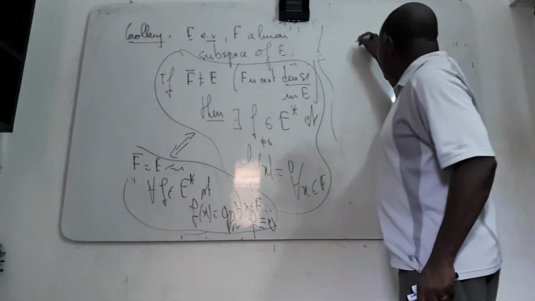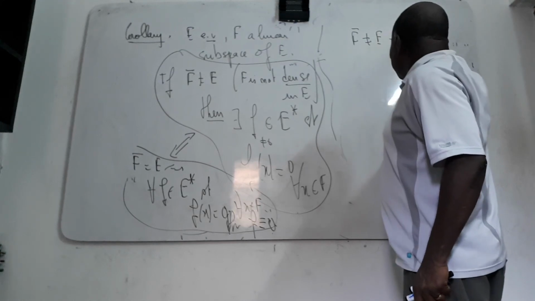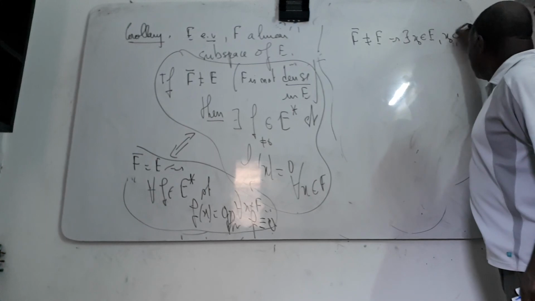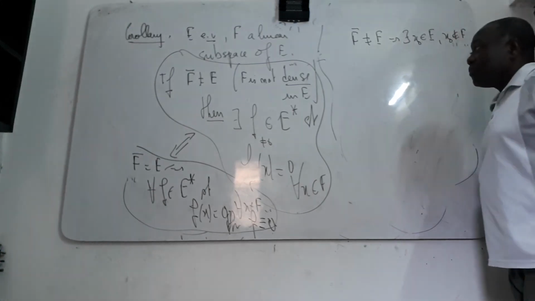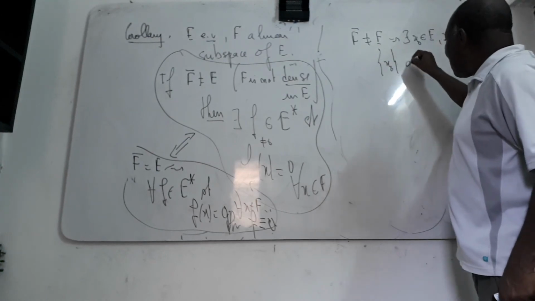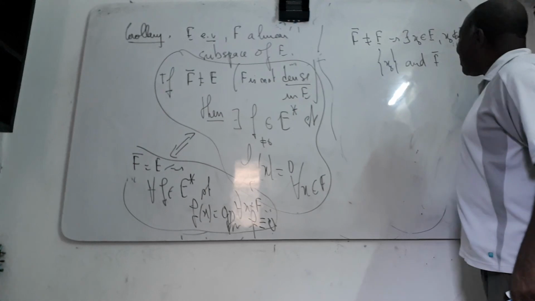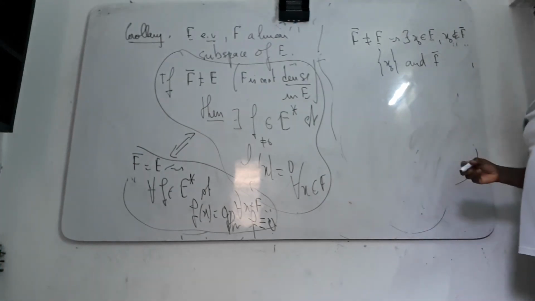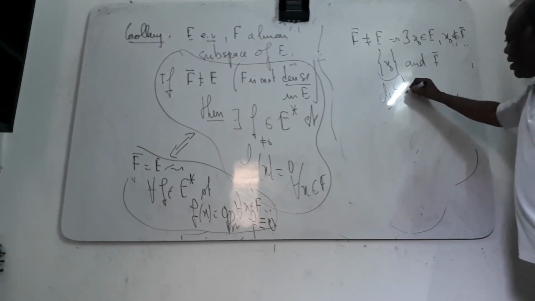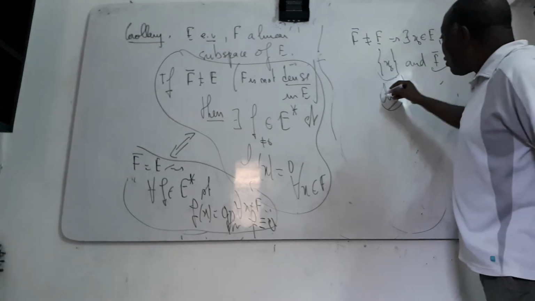If you suppose that the closure of F is not equal to E, that means that there exists x0 in E such that x0 is not in the closure of F. So we just consider this one, x0 and the closure of F, and this one is closed, and this one is not closed necessarily. It's closed, but it's compact.